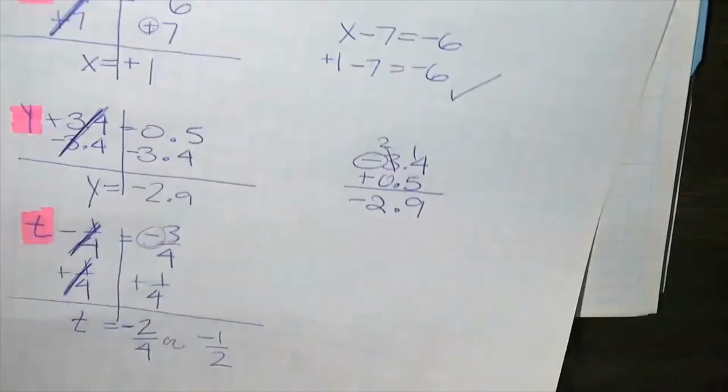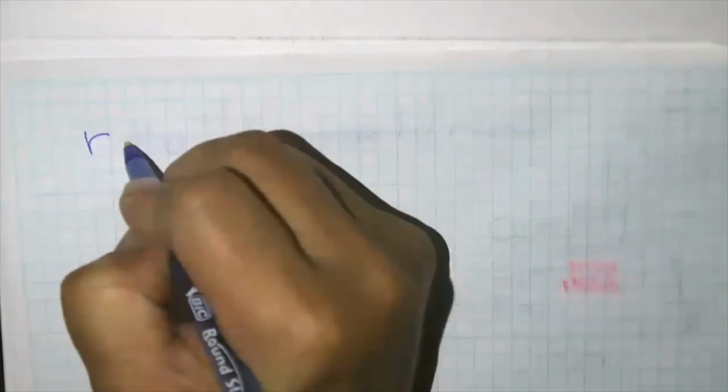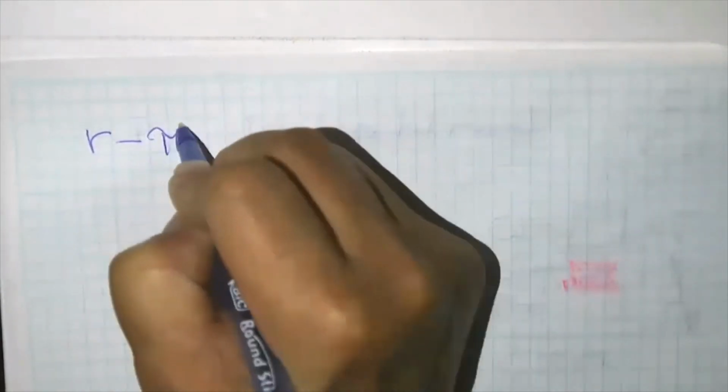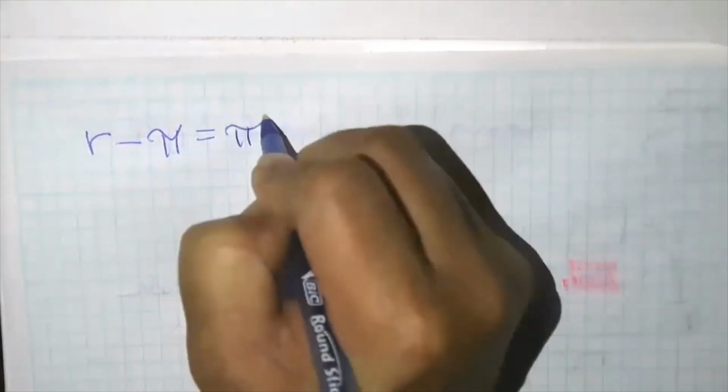Because the book likes to do something like this. R minus pi equals pi.